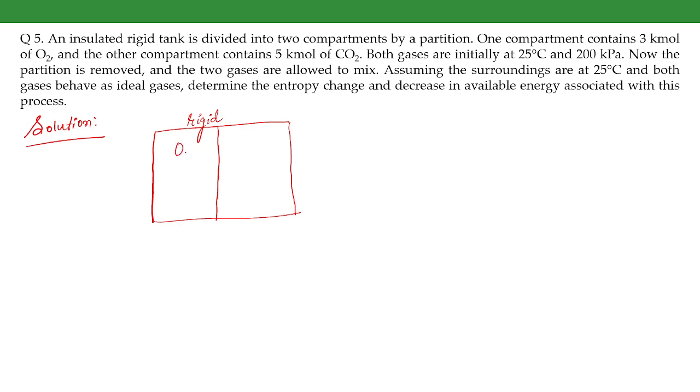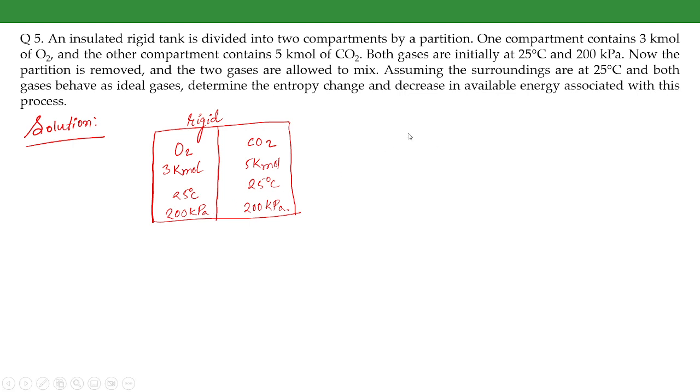On one side of the partition there is oxygen gas of 3 kilomole and 25 degrees Celsius and 200 kPa, and the other one is carbon dioxide at 5 kilomole, 25 degrees Celsius and 200 kPa. Okay, so both the gases are at same temperature.